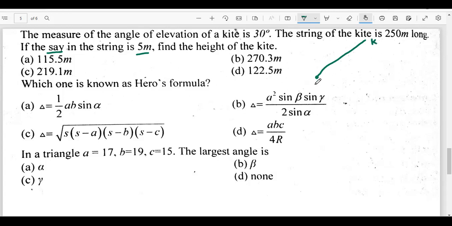And we have this length as 250 meters long. You need to find the height of the kite. You need to find out this height, and the angle of elevation is 30 degrees.